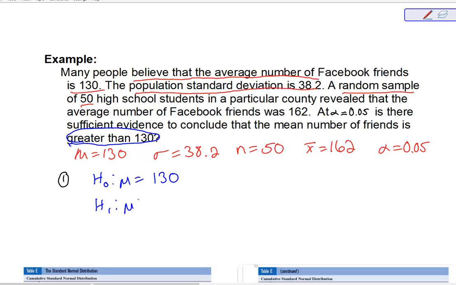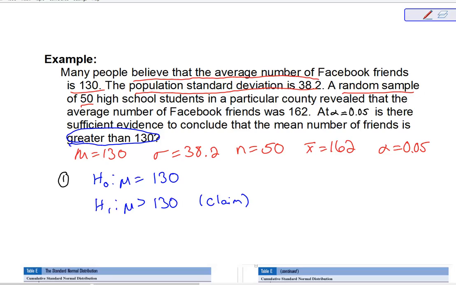So that means my alternative hypothesis is mu greater than 130. And since it's asking can we conclude that, that is also considered our claim. It's very important to be able to identify which one is our claim also. So that is step 1 in solving our hypothesis testing.